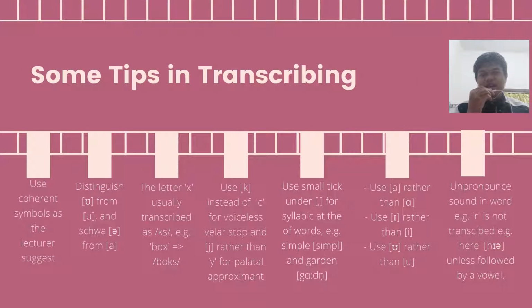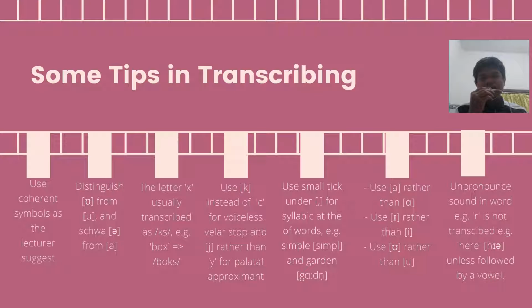Some tips in transcribing. First, use current symbols as the lecturer suggests, whether it's American or British English. Second, distinguish horseshoe from U and schwa from A. And the third, the letter X is usually transcribed as KS.